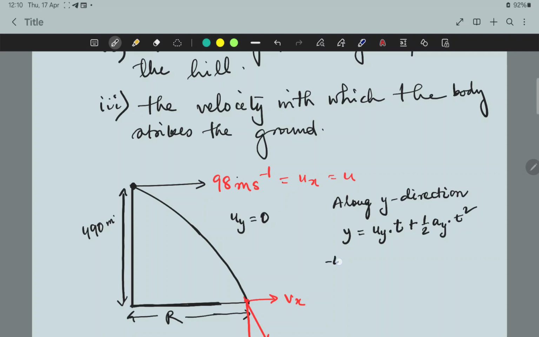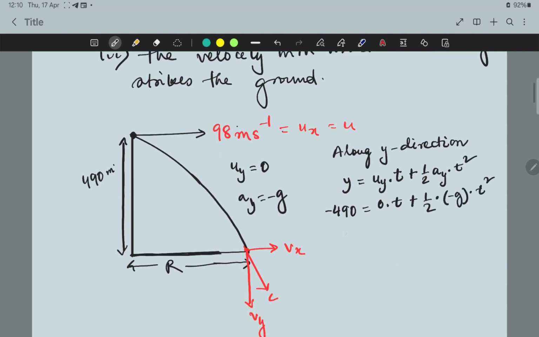So let us put minus 490, 0 multiplied by time plus, and ay over here is minus g. So half multiplied by minus g into t square. So minus 490 equals to minus half.